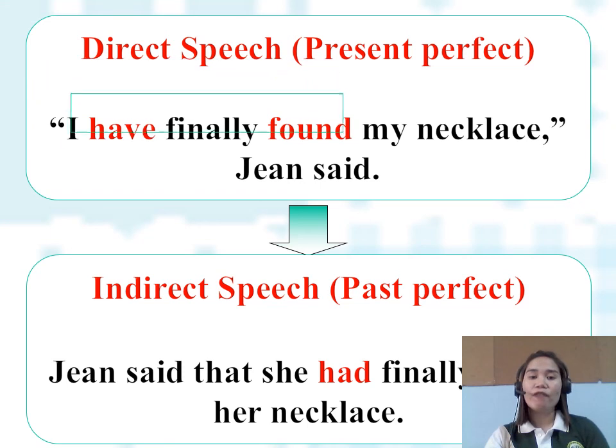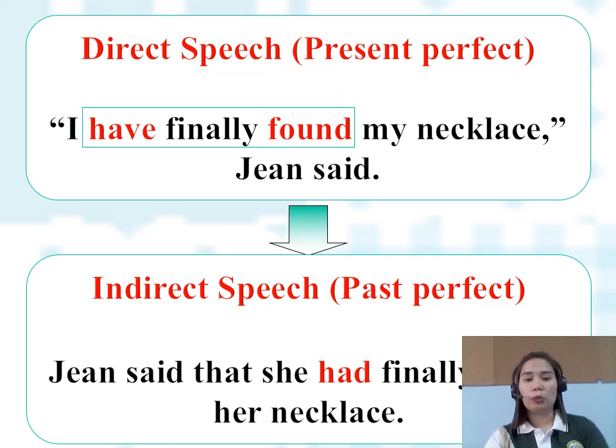So from have found, we change it into had found. Also notice that we change our pronouns. From my, we change it into her. From I, we change it into she. So that is present perfect to past perfect tense.